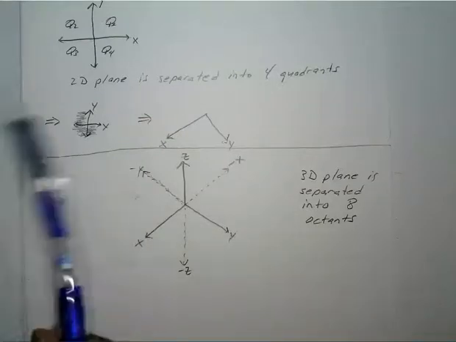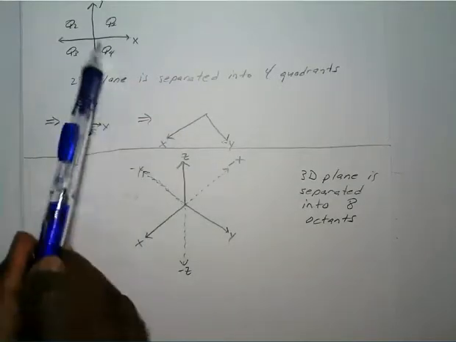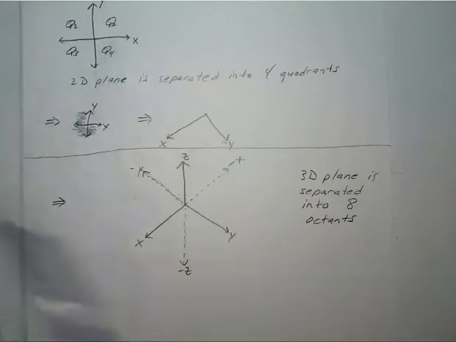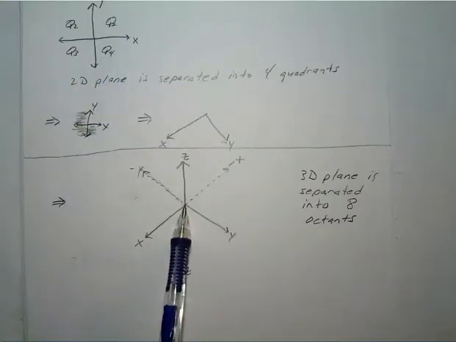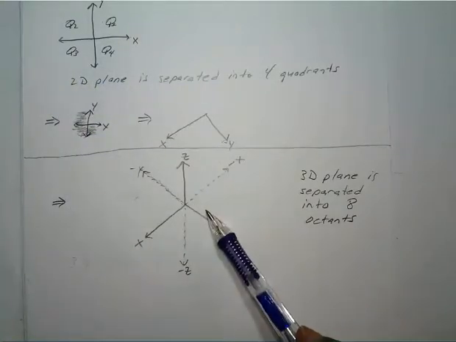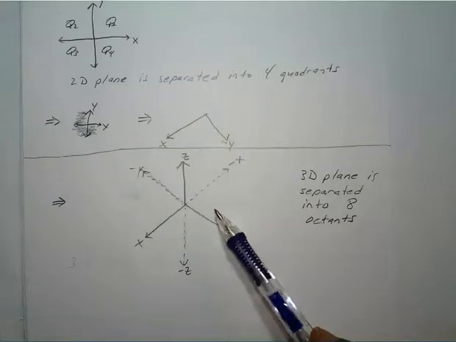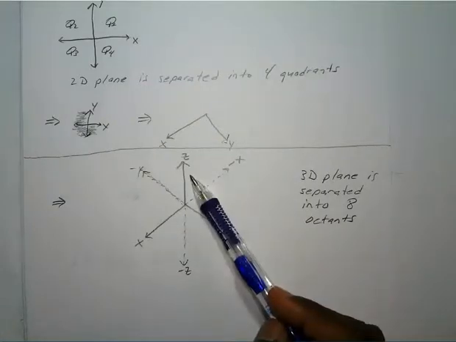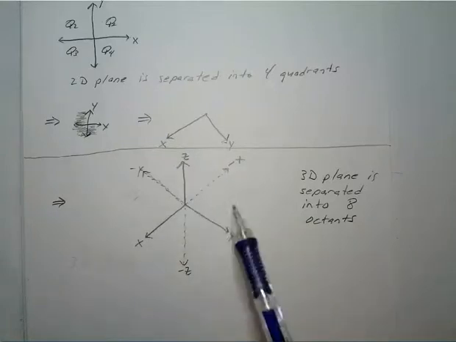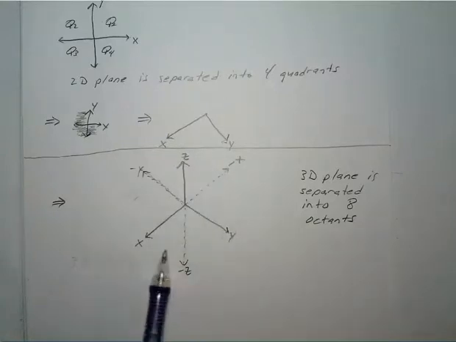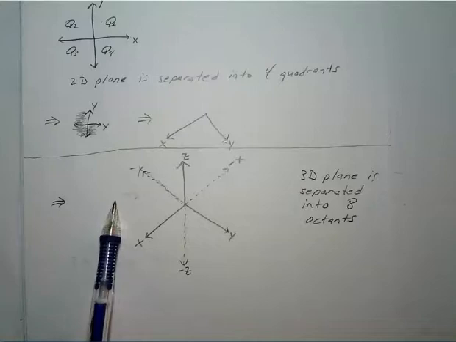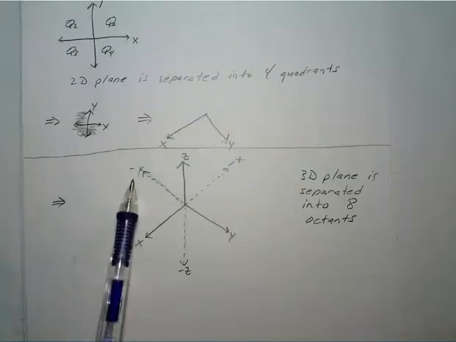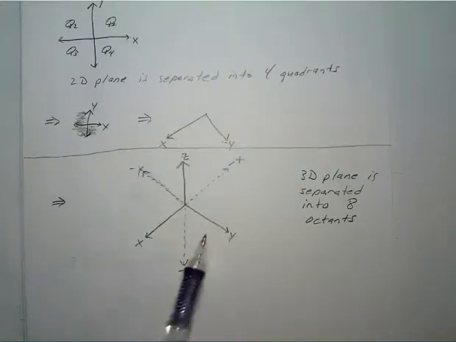Now, the same way this looks like just your XY axis, imagine this, but now you have a lower right in the front, lower right in the back. Then you have the upper right in the front, upper right in the back. And you have the lower left in the front, lower left in the back, and the upper left in the front and upper left in the back.